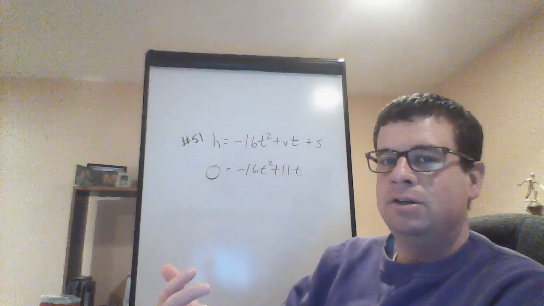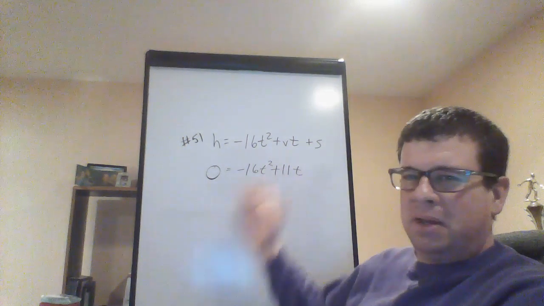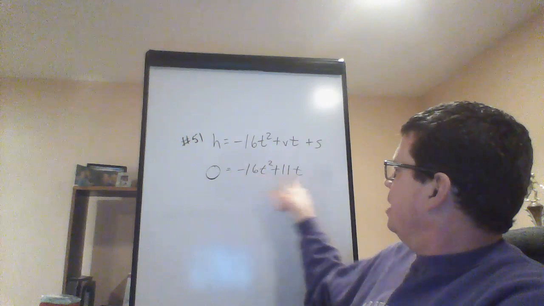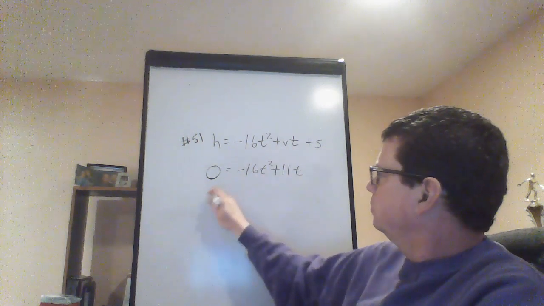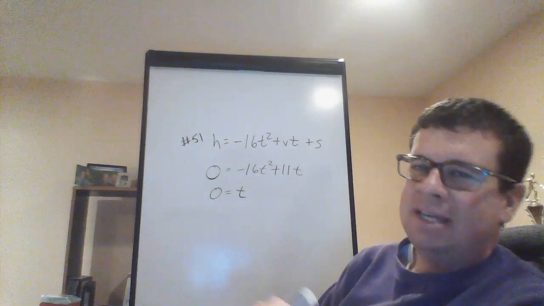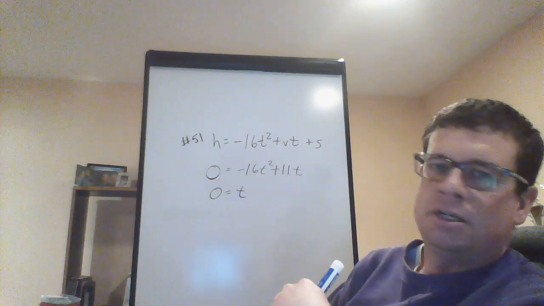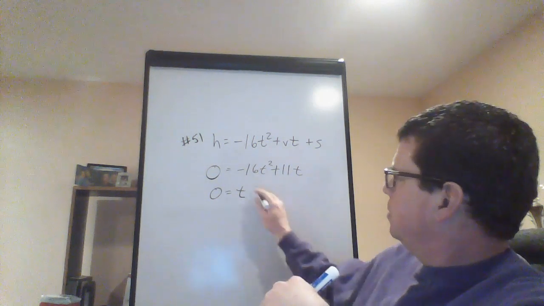Now I just want to factor this, which is the distributive property. 16 and 11 really don't have anything in common, but with a t squared and a t, I can factor out a t. Now if those t's confuse you because they look like plus signs, feel free to change those to x's. t just represents time.